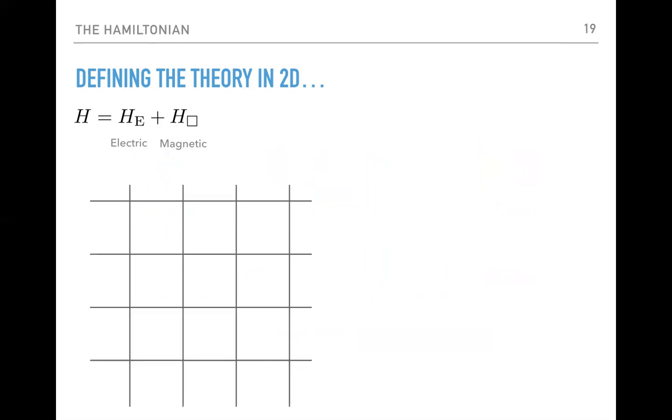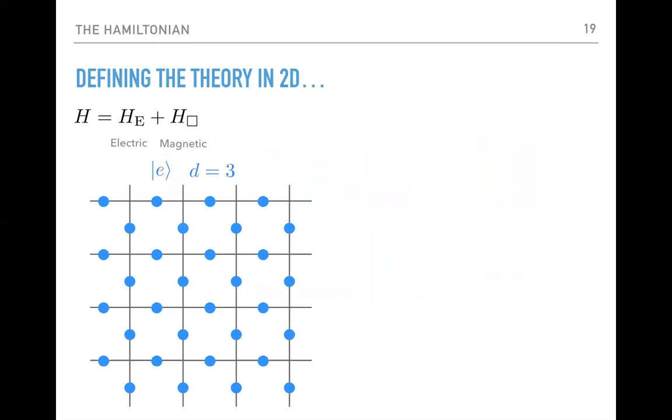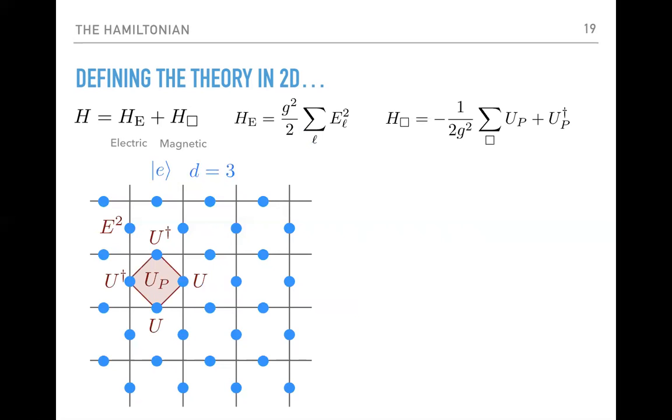And so you have your 2D lattice, and you have your links residing at the edges, which are of dimension 3, because we want to simulate Z3. And you have some E² operators acting on those links, which are just single site operators. And you have plaquette operators, which is the type of operator that you need in order to have gauge invariance, basically.